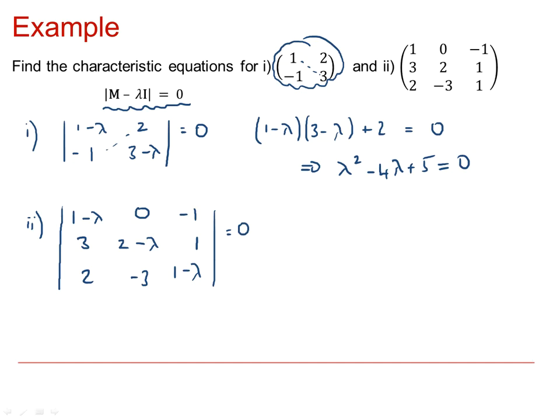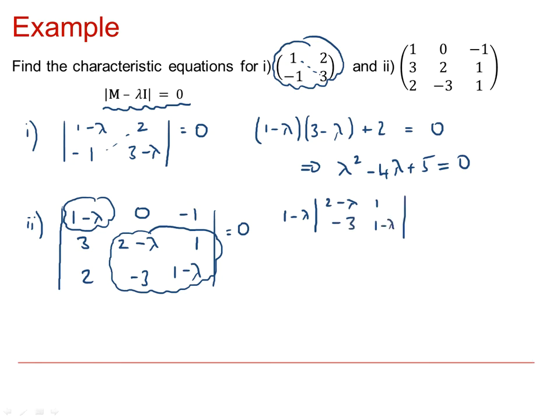So to work out the determinant, remember if you've got 3 by 3, we take the element in the first row, first column, 1 minus lambda, and multiply that by the determinant of matrix given by this part of the 3 by 3 matrix. So the determinant of 2 minus lambda, 1, negative 3, and 1 minus lambda.